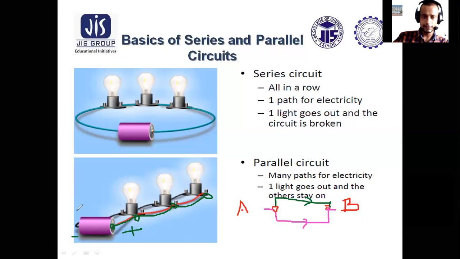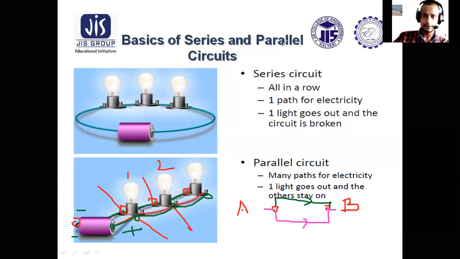Similarly, in this case, there is nothing in between the bulbs or in between the bulb and the battery. So all these points may be considered the same point. For bulb 1, the starting point is this and the ending point is this. For bulb 2, the starting point is this and the ending point is this.